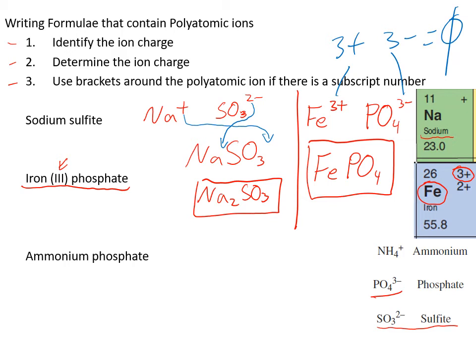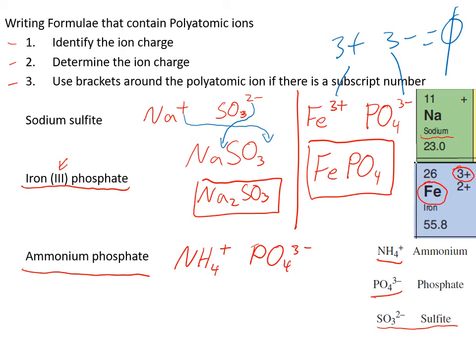Now I'm going to take this one right here, ammonium phosphate. So we have ammonium, that's our positive polyatomic ion, so I'm going to write that one out. NH4 plus up there, and then I'm going to write phosphate, which is PO4 3-.